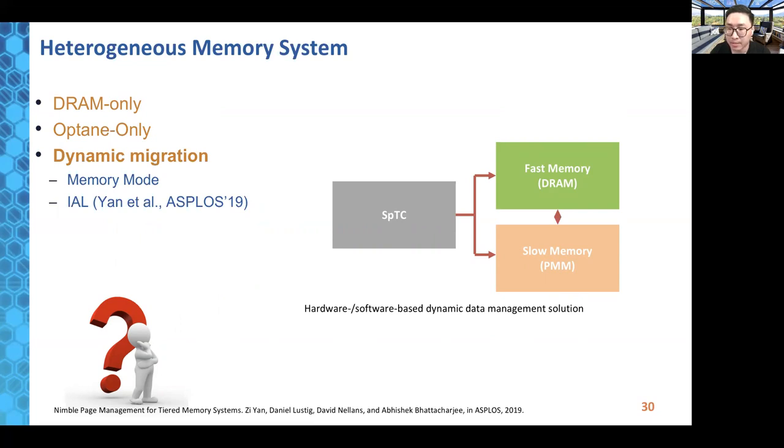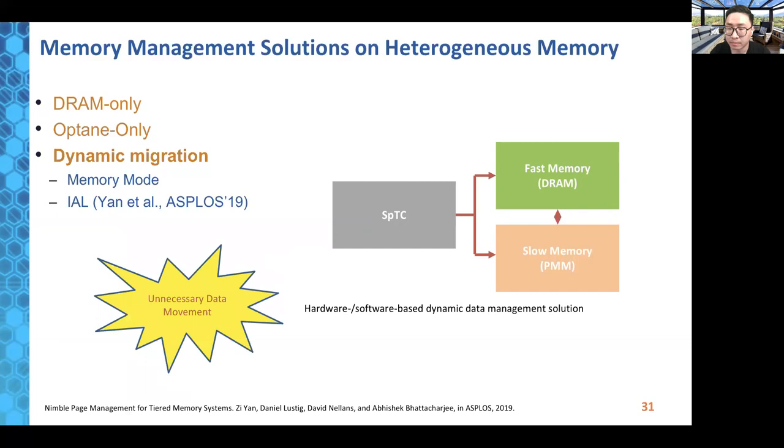The software-based dynamic migration approach is managed by the execution runtime, and this approach was published in ASPLOS 2019. However, the hardware and software-based dynamic migration solutions cannot work well in some scenarios because they cause severely unnecessary data movement.